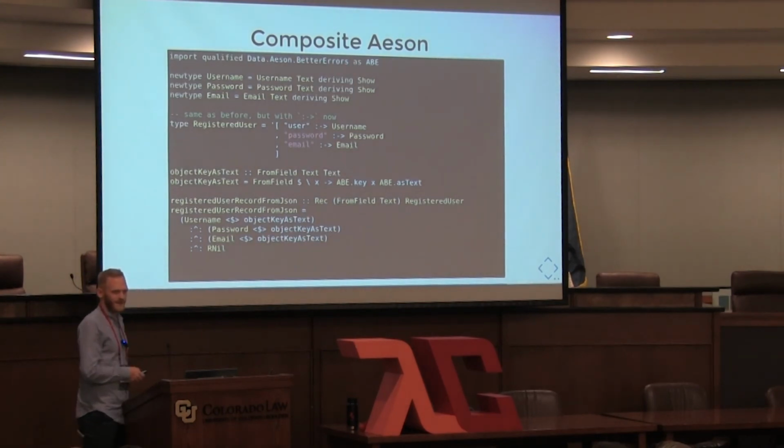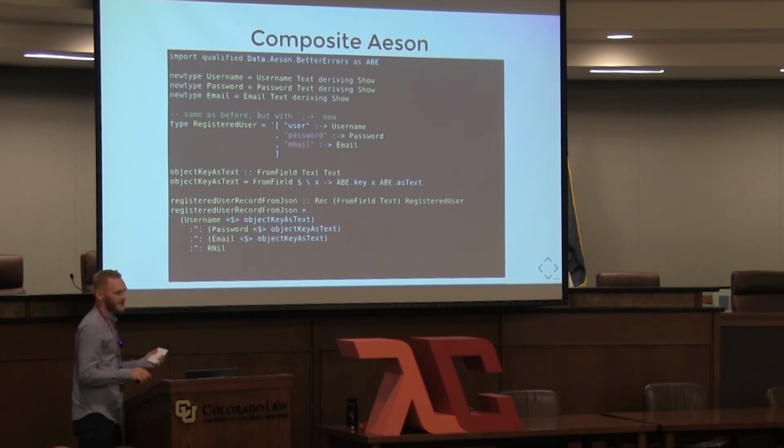Same example as before. We have a user that we want to parse. It has a user field, a password field, an email field. This is just a helper function that will give us a way to parse. Given a key X, we'll just use our Aeson better errors library to parse the object at the key X as a text.